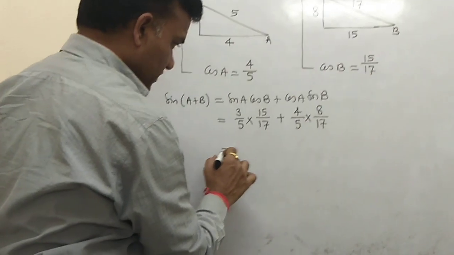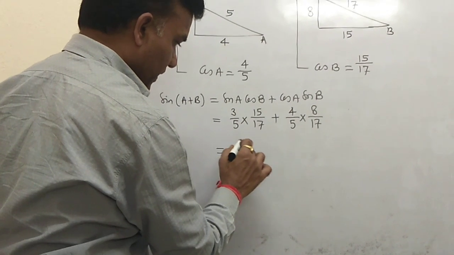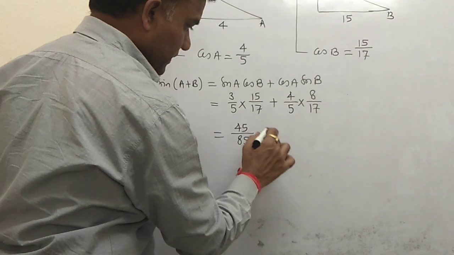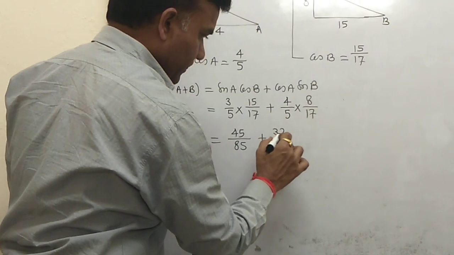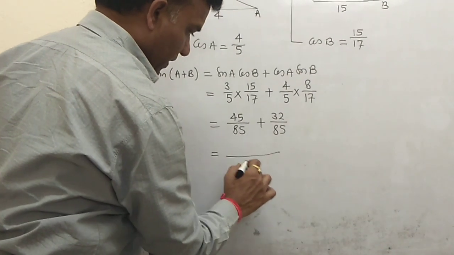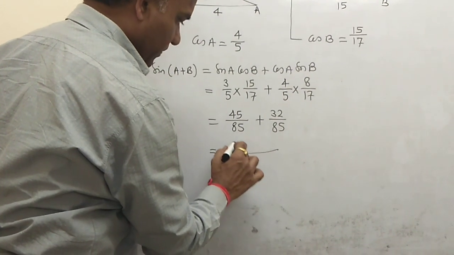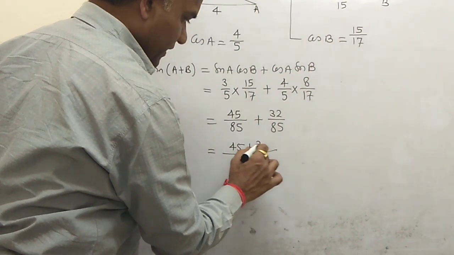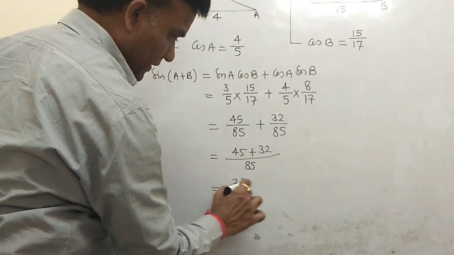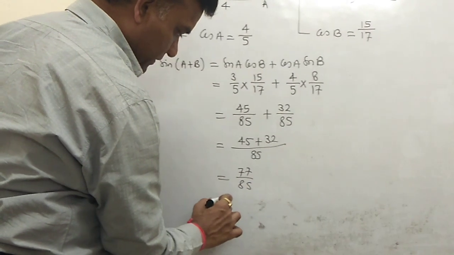Okay, so first you multiply: 3 times 15 is 45, and 17 times 5 is 85, 4 times 8 is 32, upon 85. Okay, after the LCM, again you have 85 as the LCM, and then 45 plus 32. So 45 plus 32 is 77 upon 85.